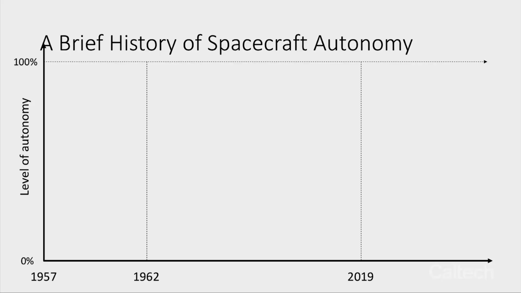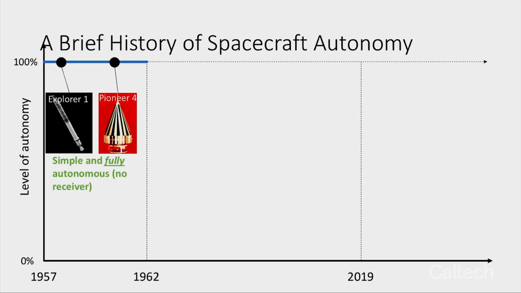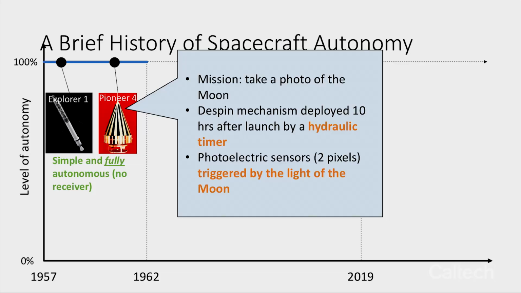Okay, a brief history of space autonomy. It started with Explorer 1, which is the first American satellite. Pioneer 4 was the first lunar mission that was successful. They were fully autonomous because they did not have any receivers on board. They just had transmitters directly connected to the sensors, and they were pretty much just flying sensors.